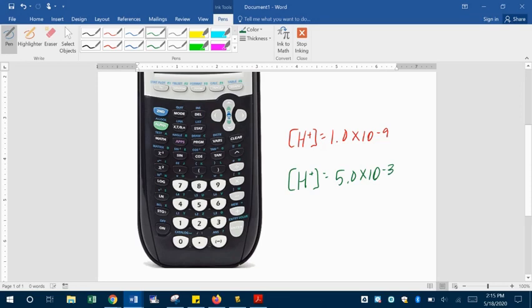So to put this in the calculator, I'm going to do negative log 5.0 times 10 caret negative 3.